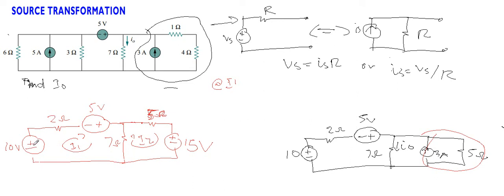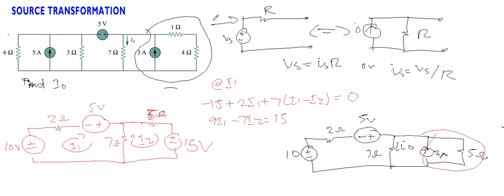We have negative 15 plus 2I1. Ang negative 15 na to is kinuha natin dito. We have negative 10 plus negative 5, so negative 15. Dito naman plus 7 times I1 minus I2. Loop analysis, remember. So, simplify natin, we have 9I1 minus 7I2 is equal to 15.